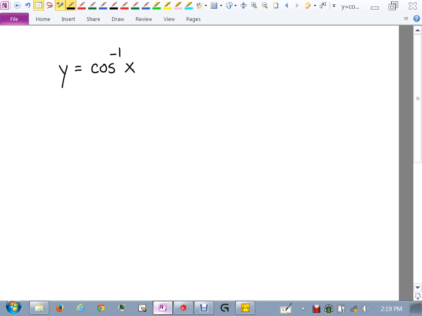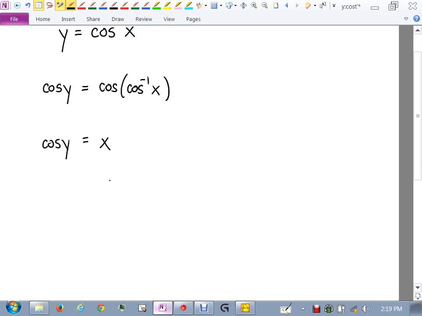Well, you don't know anything about it, so you come in first and you take the cosine of both sides. Cosine of y on the left, you don't touch that. On the right side, cosine of cosine inverse of x is x. Now what?